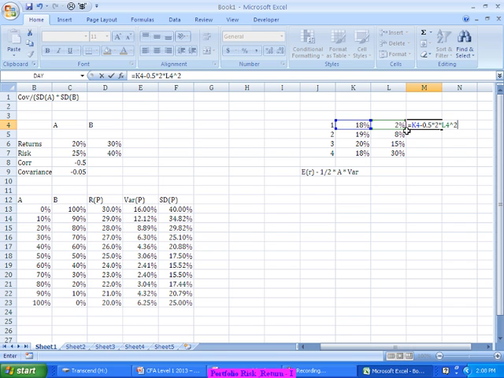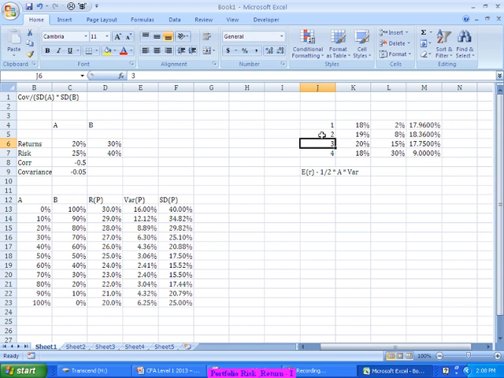Now you see, this is the number for the first investment, second, third, fourth. So this person prefers this kind of investment. A person whose A value is 2 prefers this investment compared to any other.